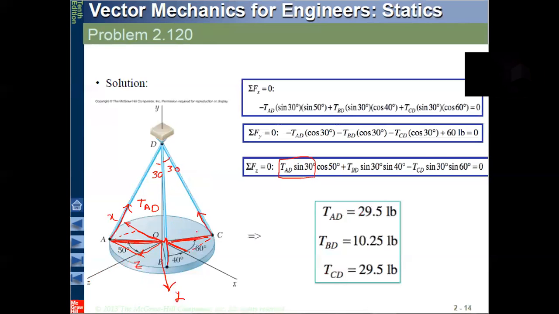And for BD, you have this angle, and in the z direction, you have to use sine to get the z component.